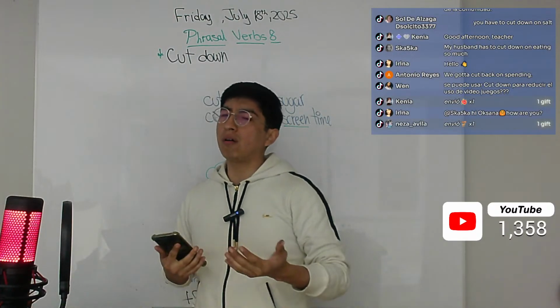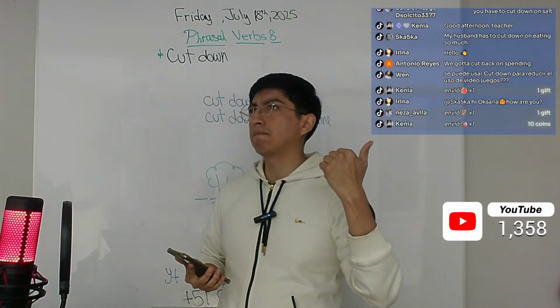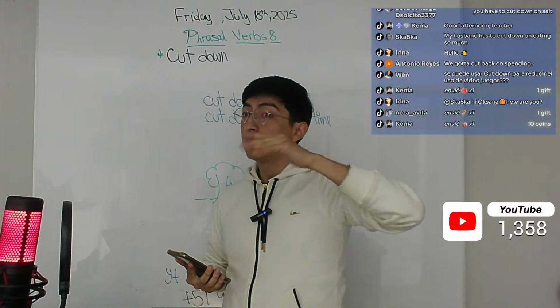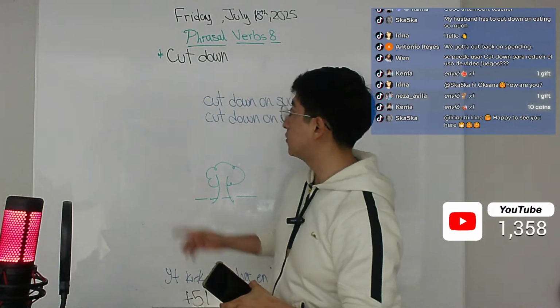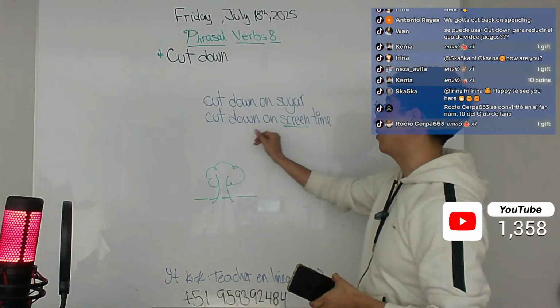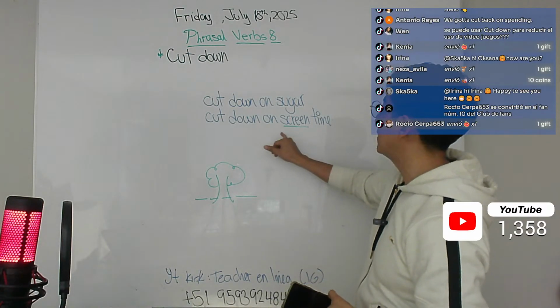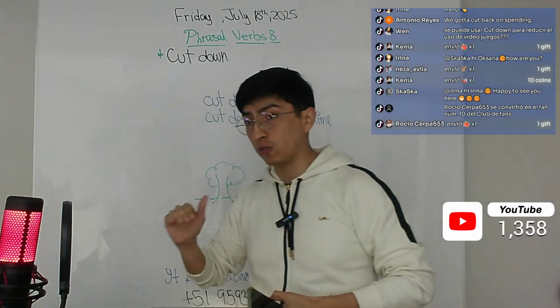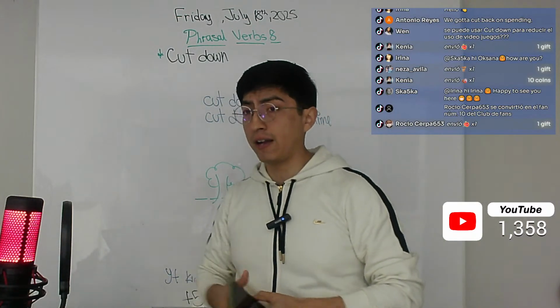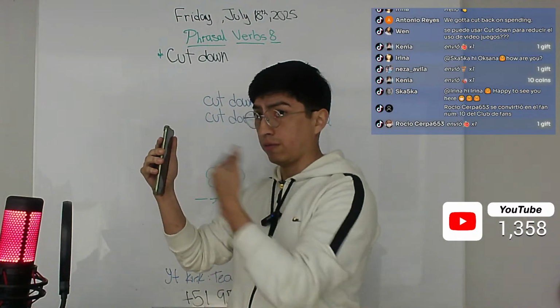So maybe you can say, oh, I spend 5 hours a day in front of a screen. So maybe you can say, hey, I need to cut down on my screen time. I need to cut down. I need to reduce the time I spend in front of a screen.